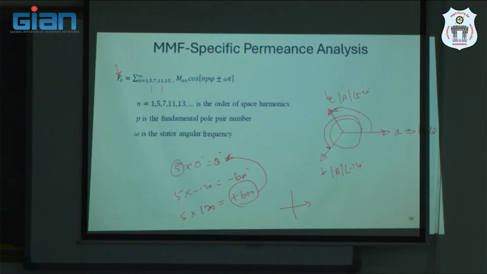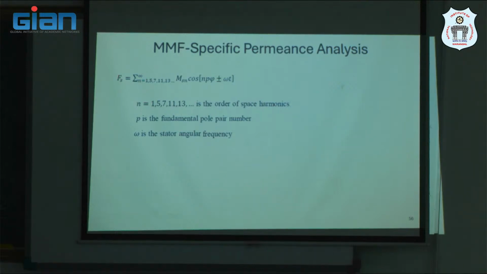So therefore, to capture the space harmonics and their impact on the phase sequence associated with the fundamental component, we have to write the MMF expression as n p phi plus or minus omega t, where n is the order of the space harmonic, p is the pole pair number. What is pole pair?